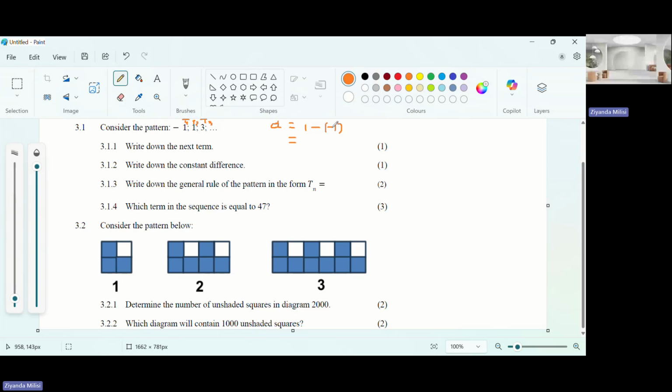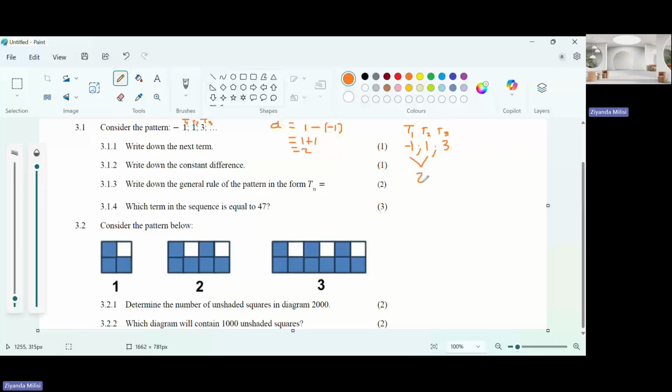Okay, you can even try this term and this term. So let me write these numbers here: -1, 1, 3. Okay, so we've got our terms, term 1, term 2, and term 3. So we know the constant difference from here to here, it's 2.